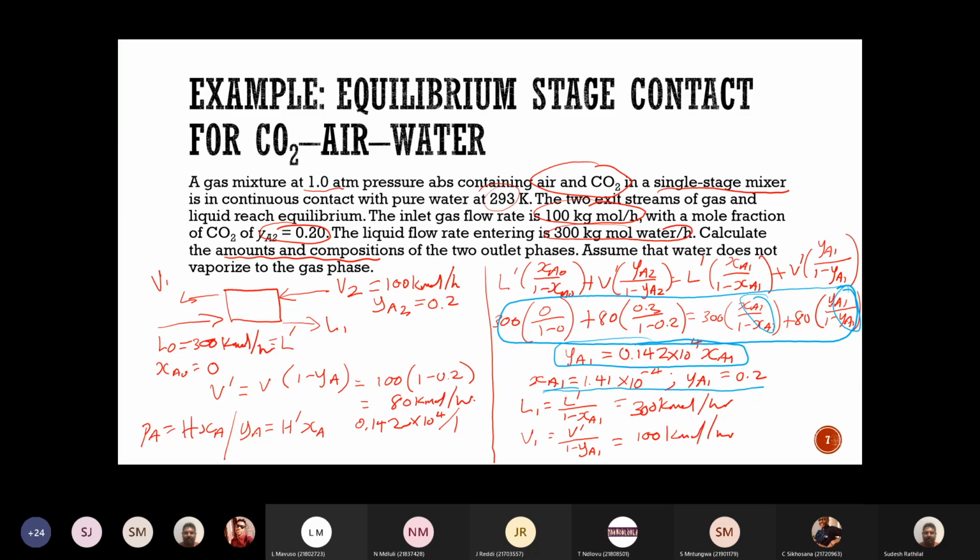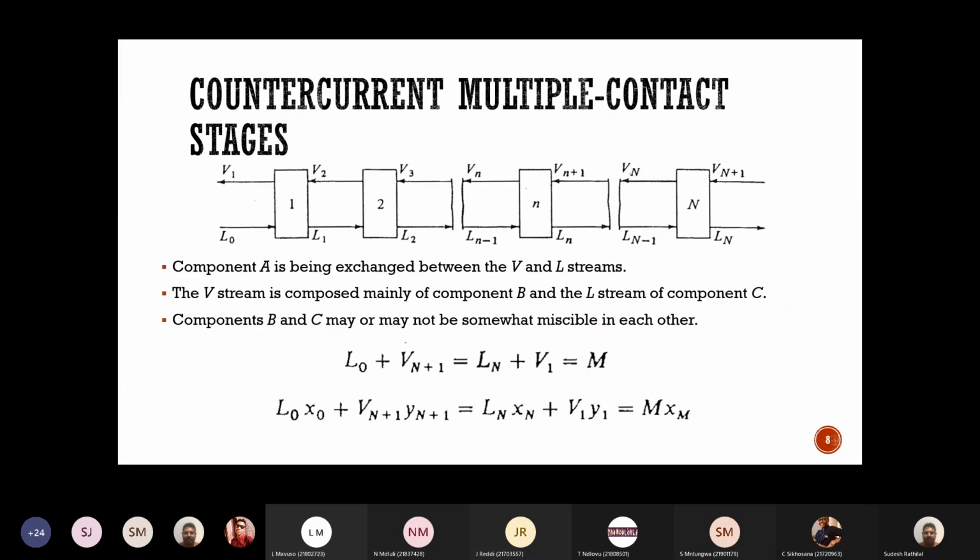Okay, let's carry on. Let's look at countercurrent multiple contacts. We had these equations before in the first section on equilibrium studies, but we'll go through it briefly here again. Component A is being exchanged between the V and the L streams.